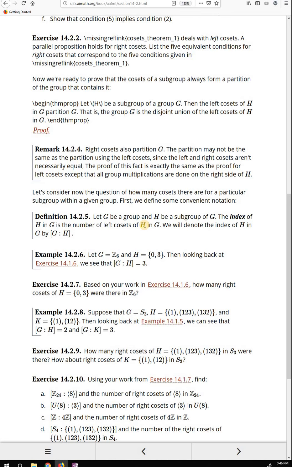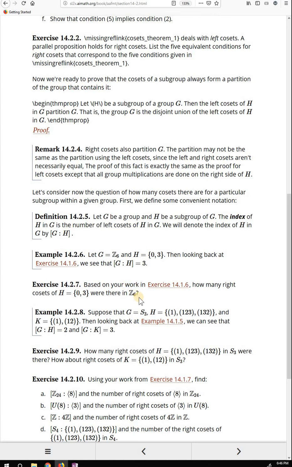When we took the triangle and took the rotations, what was the index? It was 3? Well, 3 was the size of the group. 3 was the size of the subgroup. 2. There were 2 cosets. Okay. And also for Z3, there were 3 cosets. 0, 1, and 2. There were 3 cosets. So the index is just the number of cosets.